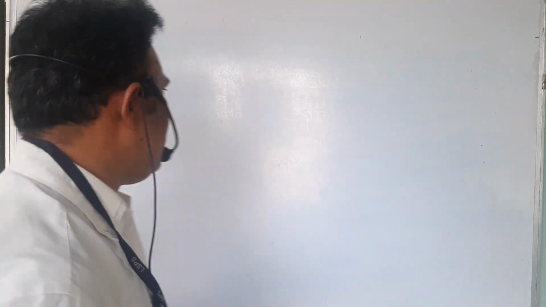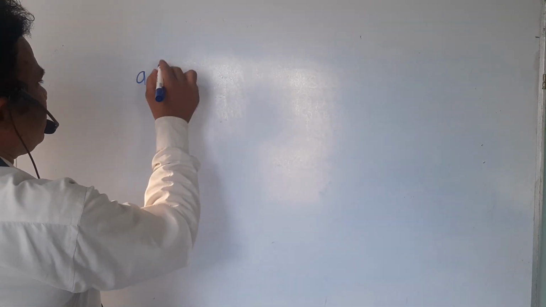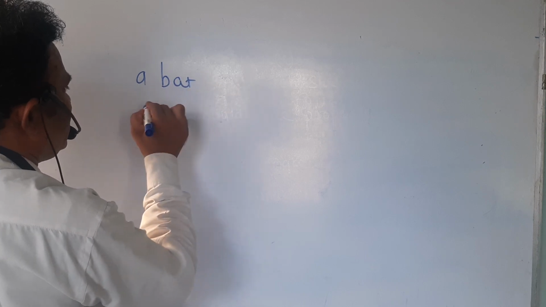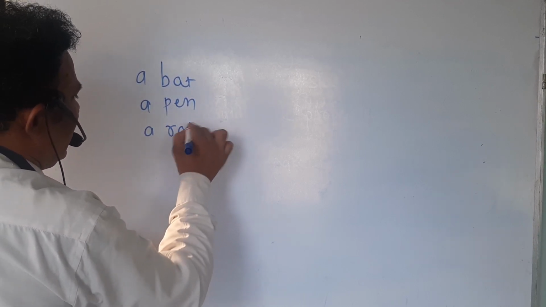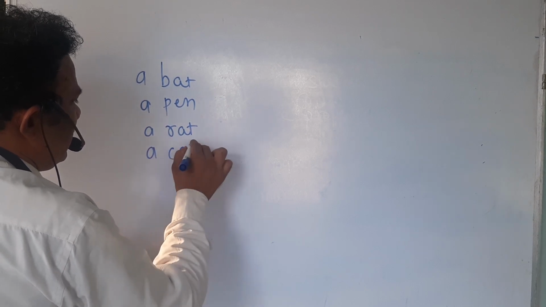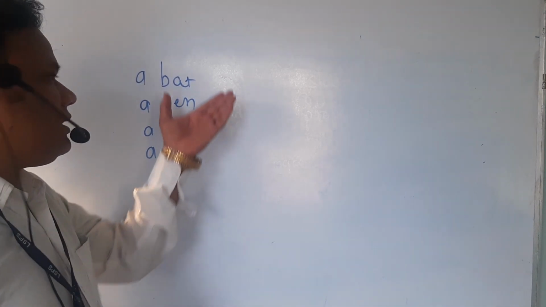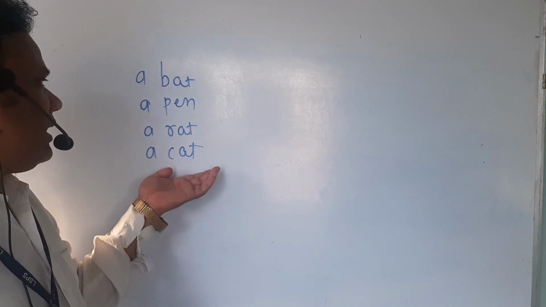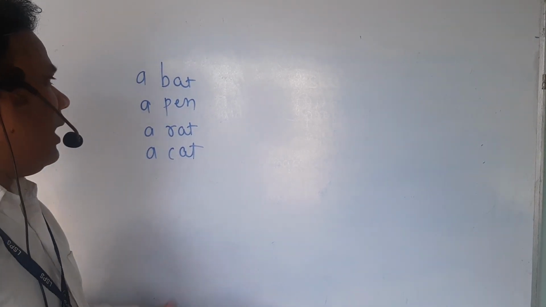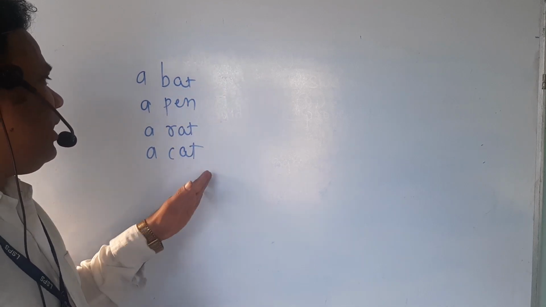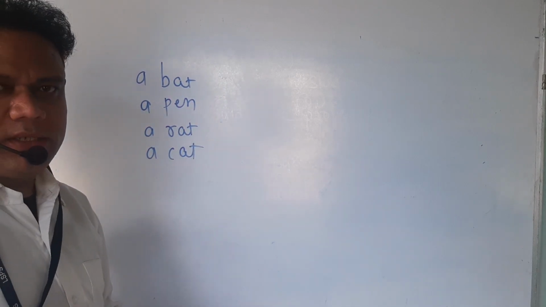For example, a bat, a pen, a rat, a cat. You can see that all these words are singular, all these words are common nouns, and all these words are beginning with consonant letters.